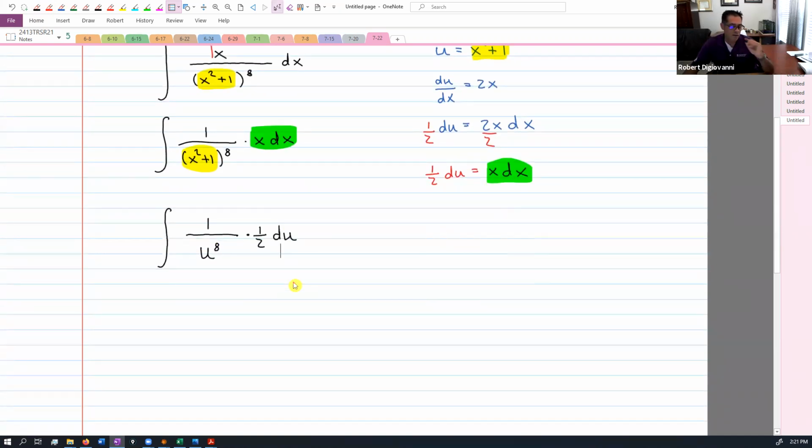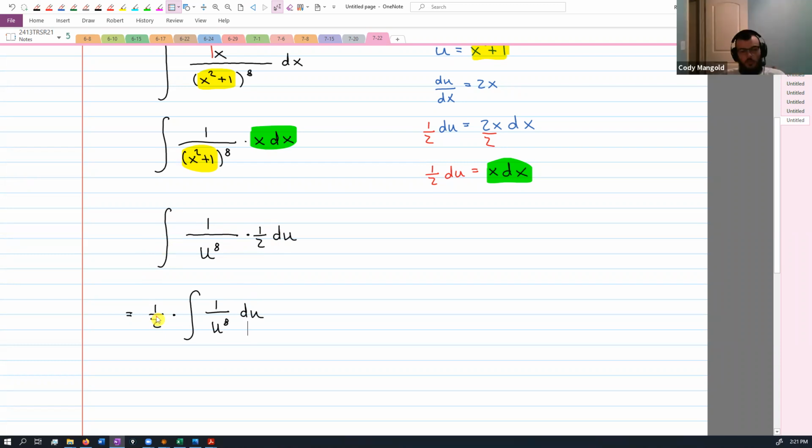Now this is the first time I've done this, okay? So I want you to just see what I do and tell me what you think. I took this 1/2 and I brought it completely outside of this integral sign. I said, hey, that 1/2 is a constant that's attached to this function. And I know that when it comes to antiderivatives and derivatives, both ways, the constants come for the ride, don't they?